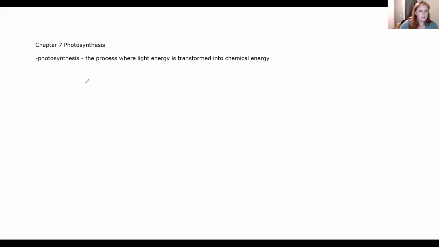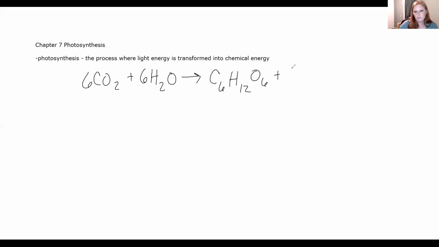Okay, so this is the formula for photosynthesis. Look familiar?